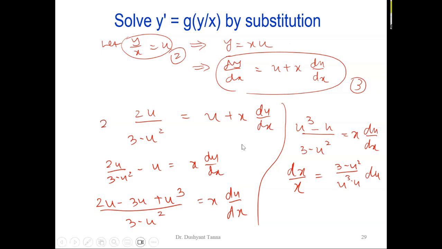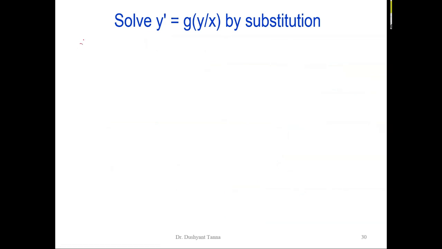I'll write that bit again. The left-hand side is simple, dx over x. It's only the right-hand side, 3 minus u squared over u cubed minus u du. Now here is where the most pain will come.